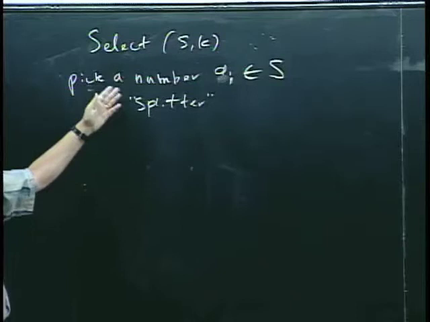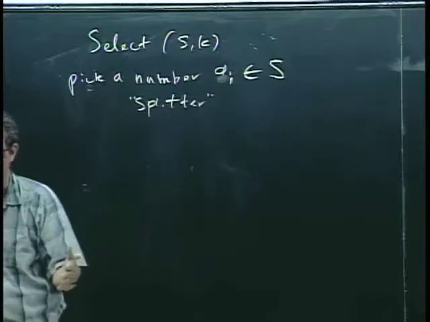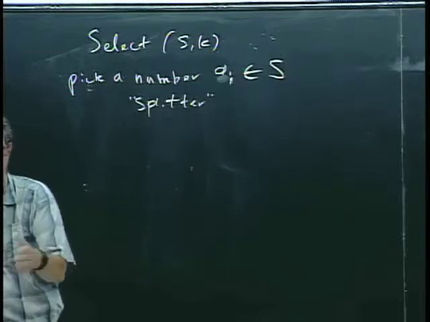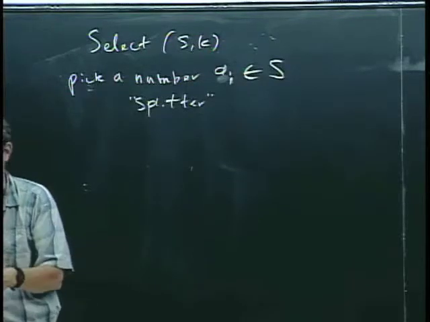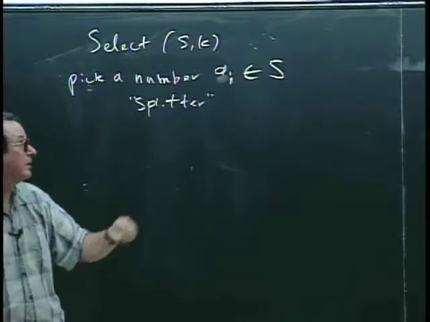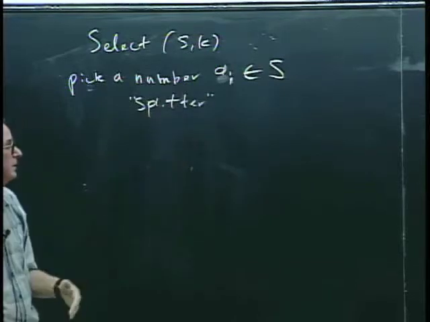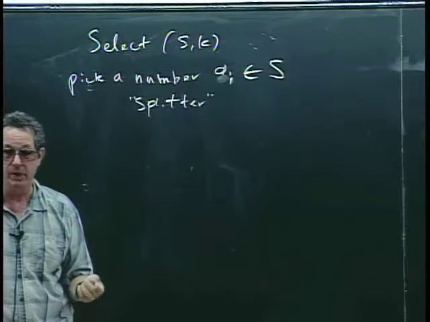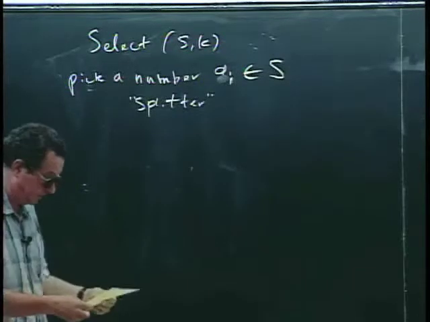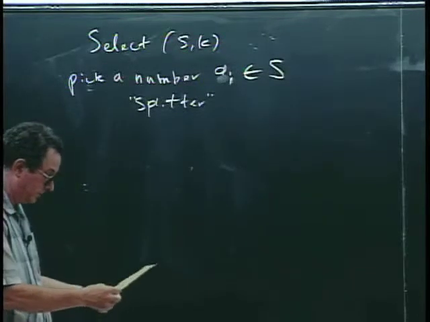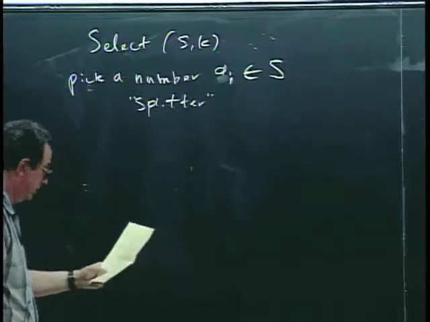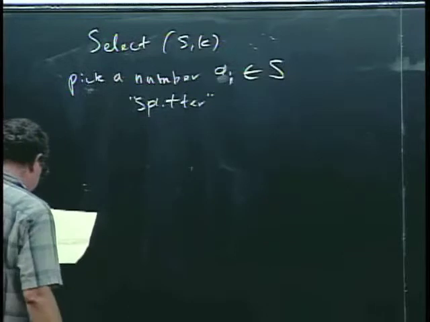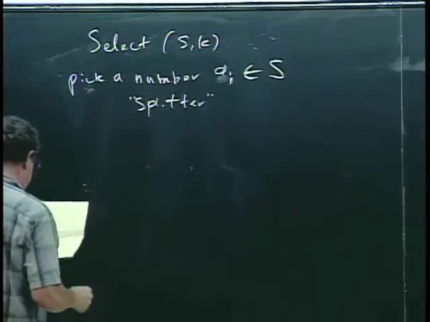But if you pick it randomly from your set S, S is represented somewhere in memory, so you could pick a random memory location, then the behavior of the algorithm could be different than when it's always deterministic. Later we'll specify how we're going to pick that splitter, but for the time being it won't matter.